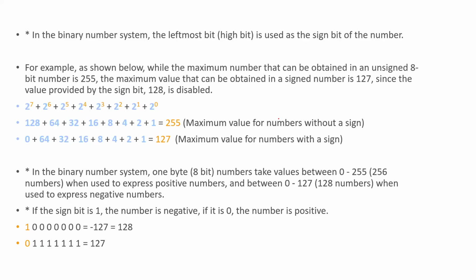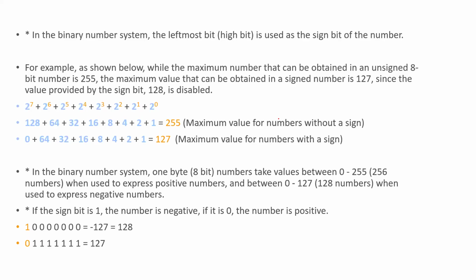Okay. For example, as shown below, the largest number that can be obtained in an unsigned 8-bit number is 255, because we have 8 bits to create our binary number. The decimal value can be at most 255 because we have 8 bits.